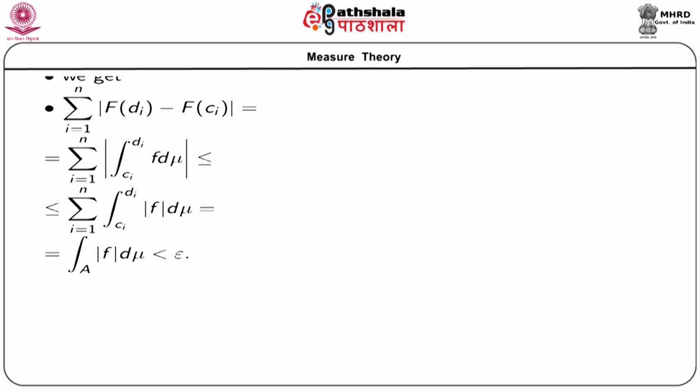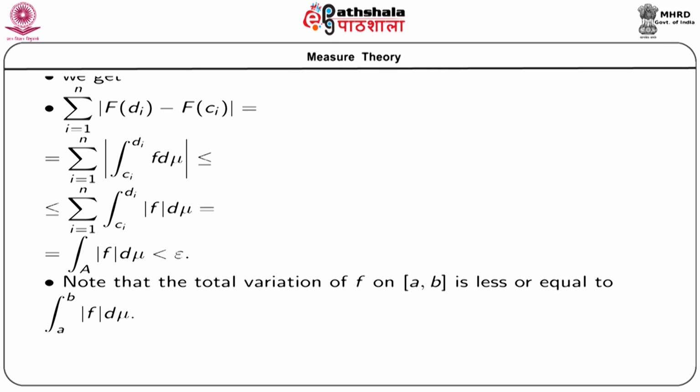This is equal to the sum over i equal to 1 to n of |integral from c_i to d_i of f dμ|, and this is again less than or equal to the sum over i equal to 1 to n of the integral from c_i to d_i of |f| dμ, because we know that for any Lebesgue integrable function f, |integral f| is less than or equal to integral |f|, and this is less than or equal to the integral over A of |f| dμ, and this is again less than epsilon, and this shows that the function is absolutely continuous.